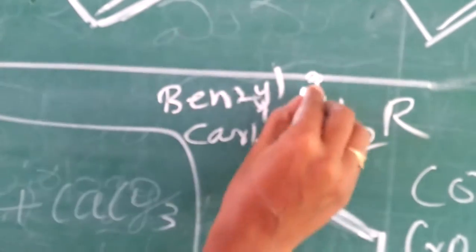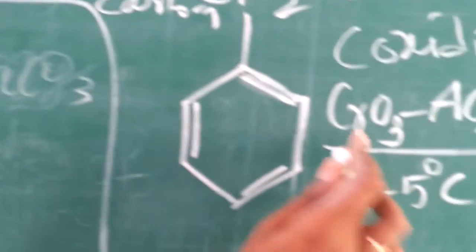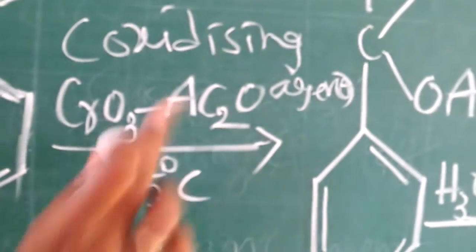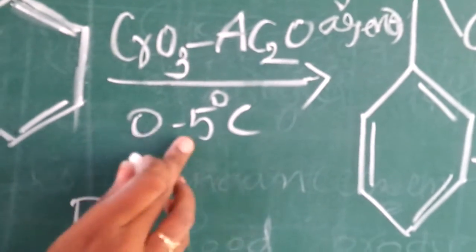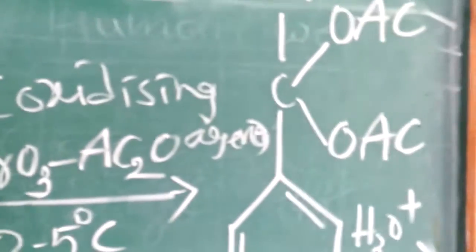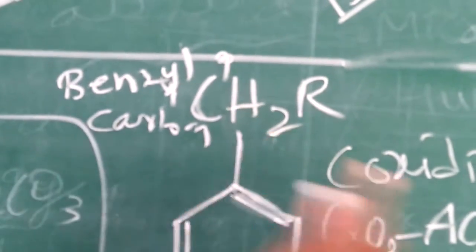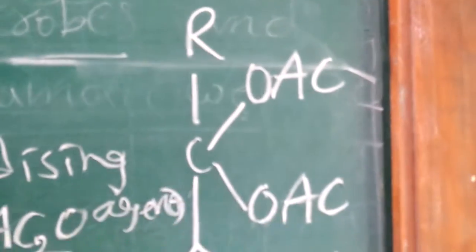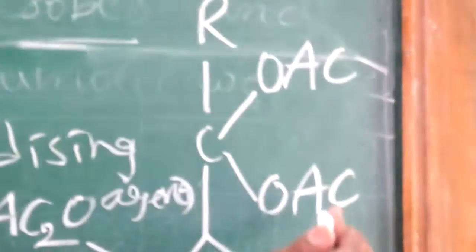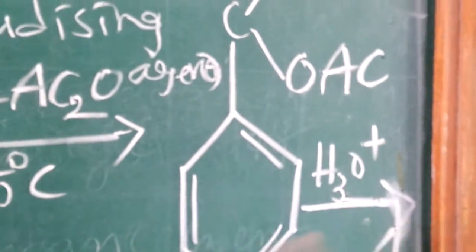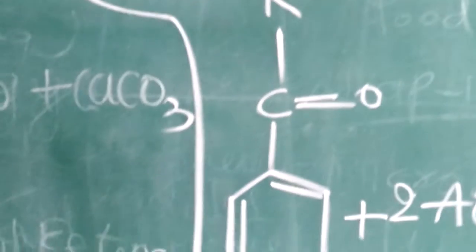Now what happened? The benzylic carbon reacts with chromium trioxide and acetic anhydride at 0 to 5 degrees temperature. Two hydrogens are replaced by two acetate groups. Upon hydrolysis it gives carbonyl compounds.